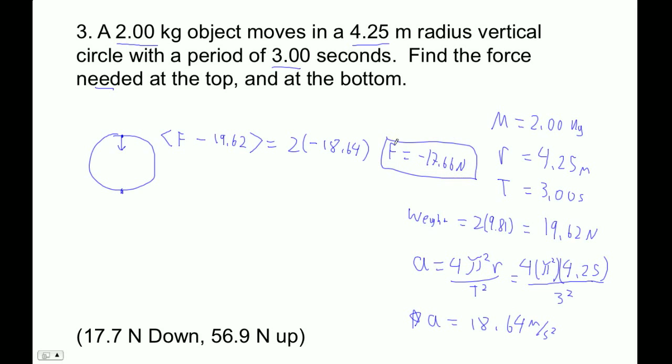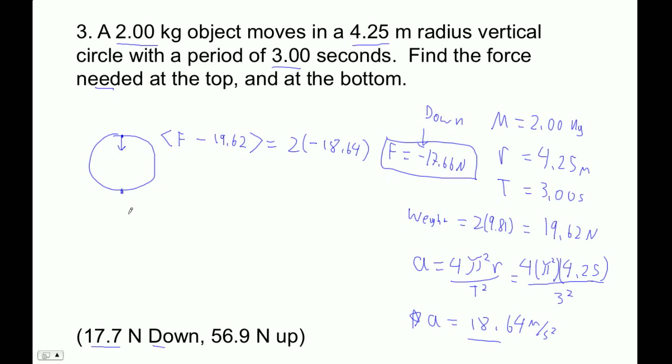That makes sense because that acceleration is so much bigger than gravity. We have to actually pull the thing down to make it accelerate down that fast. Things only accelerate down at 9.81 for free, so we've got to help it out. So 17.7 newtons down. The minus sign here is down.